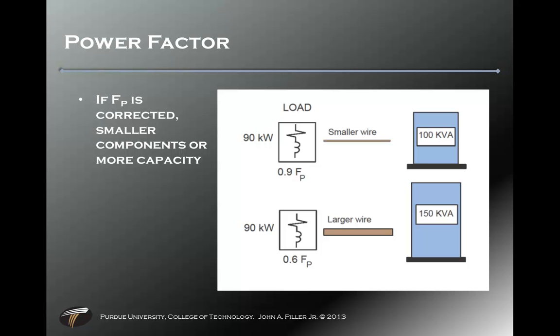In this case, you can see where the capacitor would end up decreasing the size of the transformer and also decreasing the penalties across the board. So again, that's the power factor and means of correction.